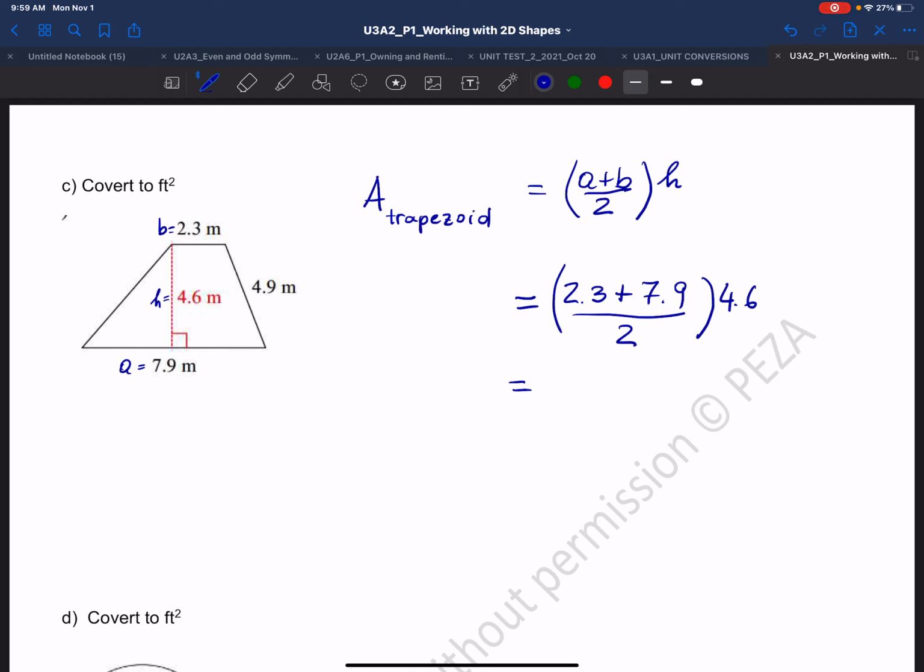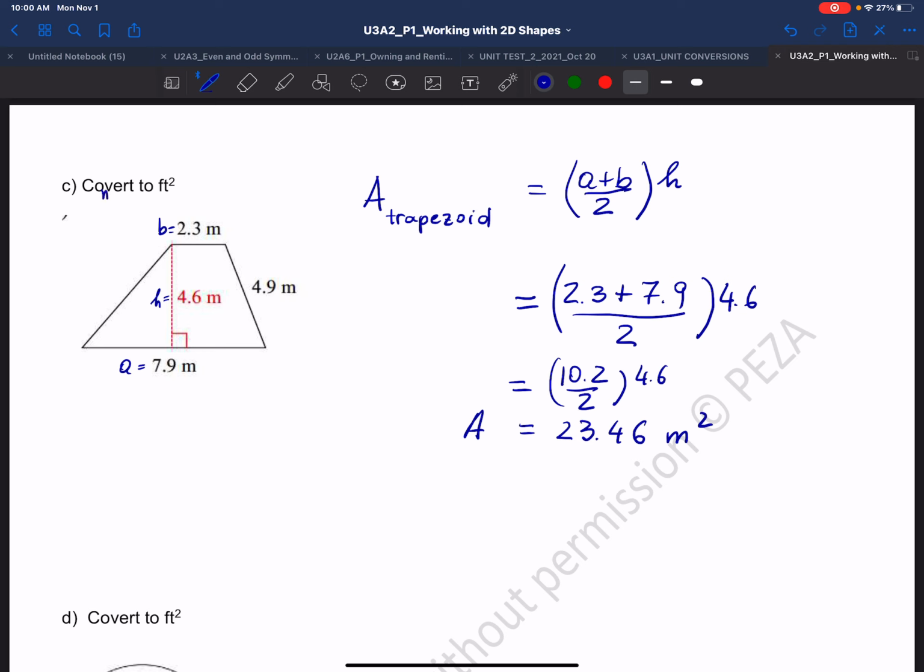So that would be 2.3 plus 7.9, that's 10.2 over 2 times 4.6. So 10.2 over 2, that's 5.1, and then times 4.6, so that would be 23.46 meters squared. So this would be the area in meters squared.